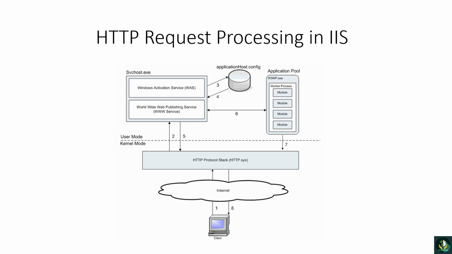Again, each application tends to have its own, which sandboxes it from the others, and the worker process then processes the request and returns it as a response to HTTP, which eventually means that the client can receive the response over the internet.